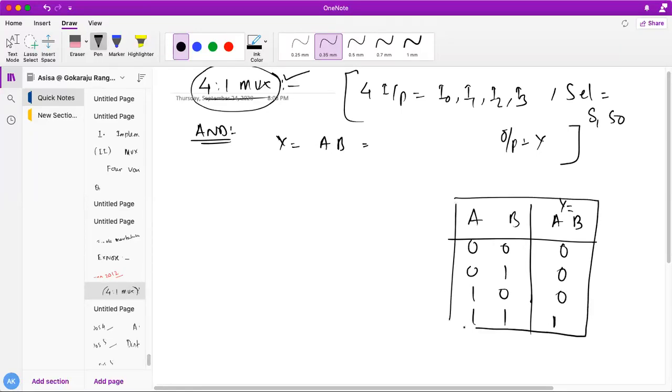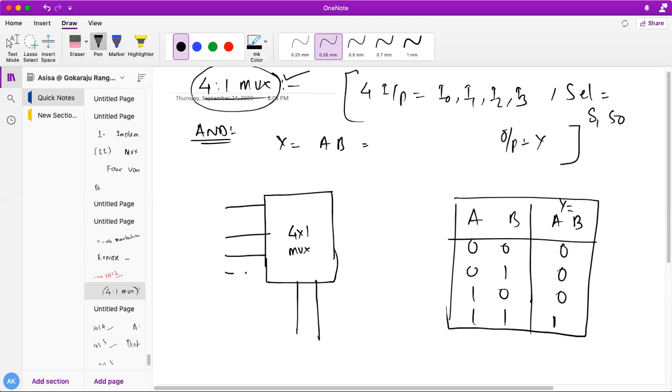So in case of a 4x1 mux, what do you have to do? Very important. So this is my 4x1 mux. Try to understand, I am telling the easiest way. There are two select lines and 4 inputs: I0, I1, I2, I3, and this is my Y, which is nothing else but my AB.